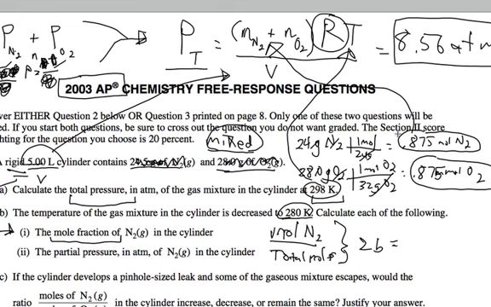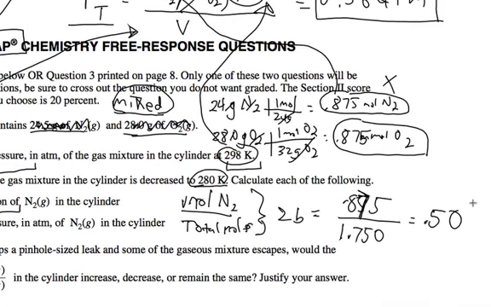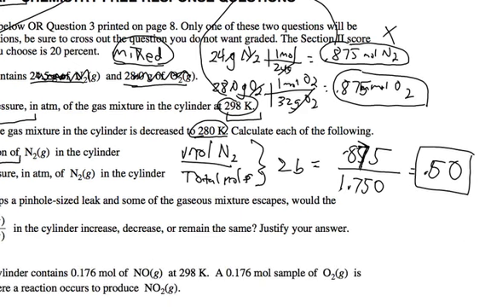Moles of N2, 0.875. Total moles, 1.750. So 0.50 equals the mole fraction. Half of the moles are N2, and that's what the mole fraction is referring to.